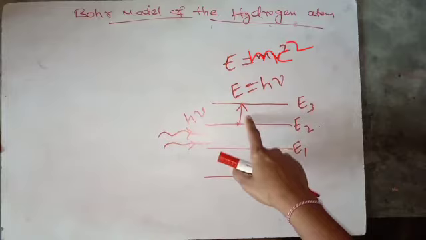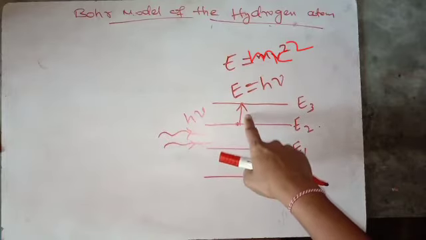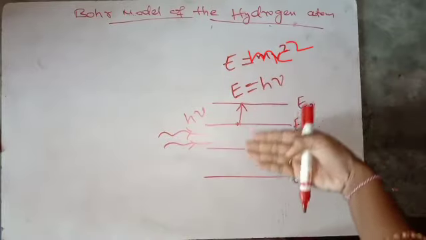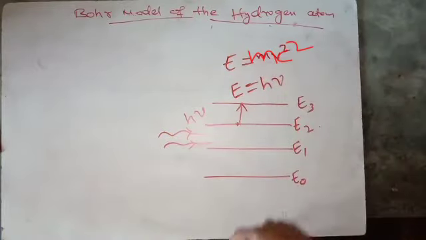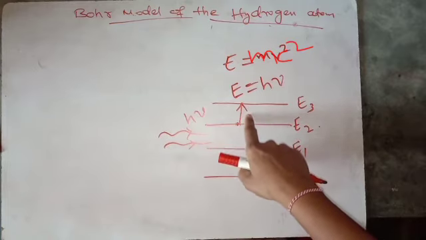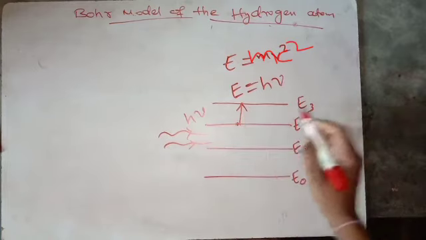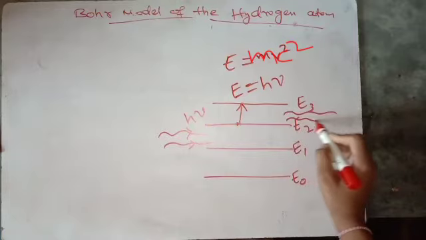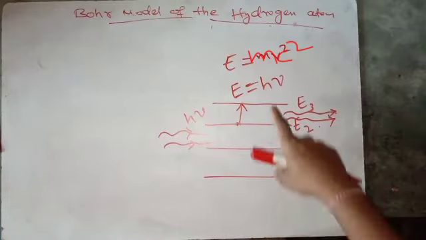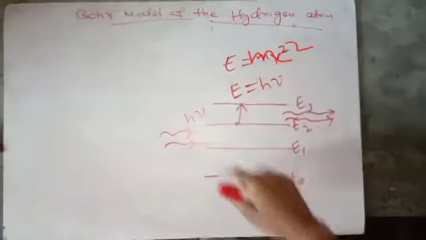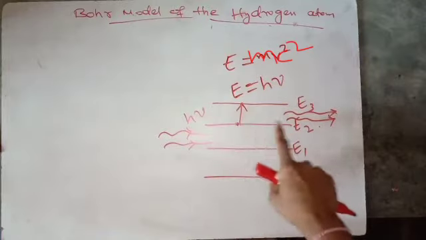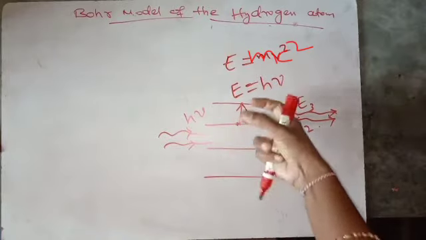Therefore, whenever this electron de-excites to the ground state or to lower energy levels, it will emit a frequency of certain energy. So Bohr observed this spectrum, emitted or observed.